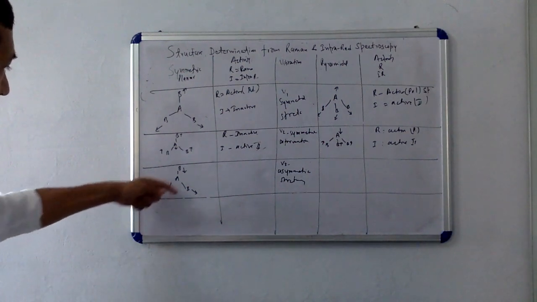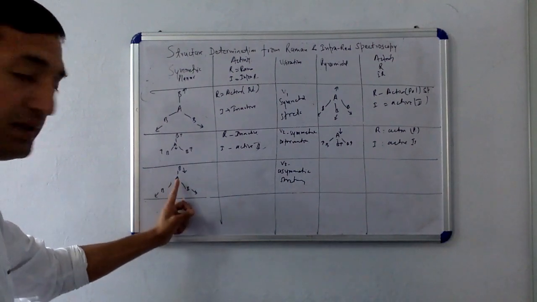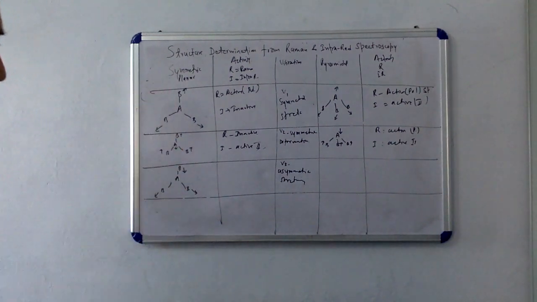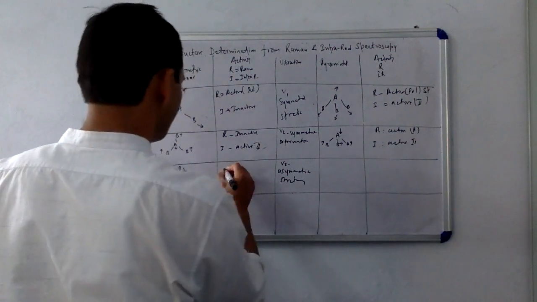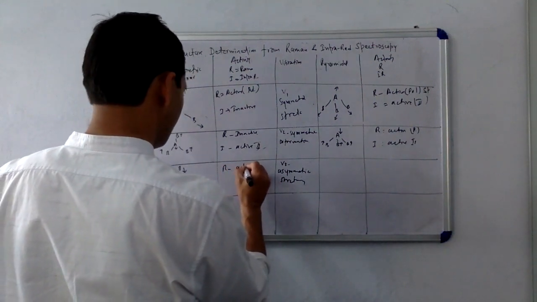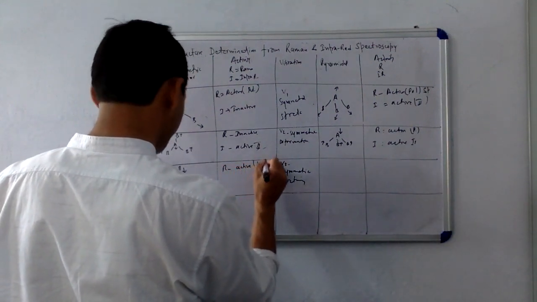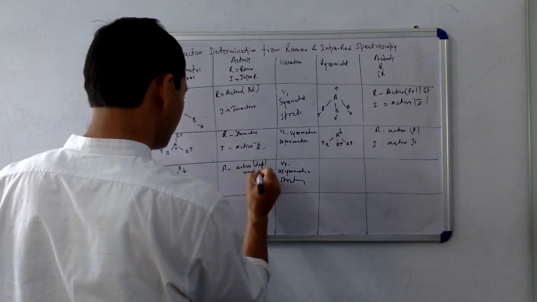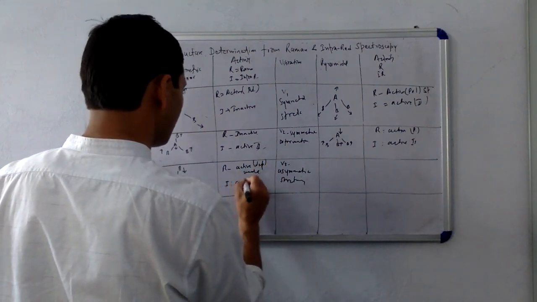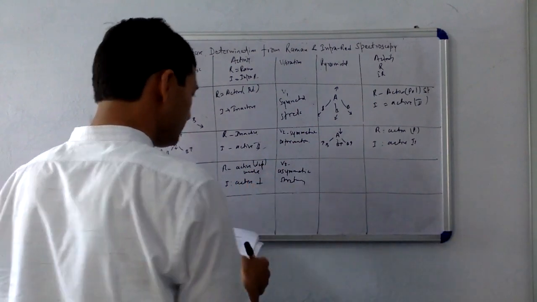This B is moving down, this B is moving down outside. This B is not going up, it is going downwards. So here Raman is active, depolarized and weak, and IR is active, perpendicular.